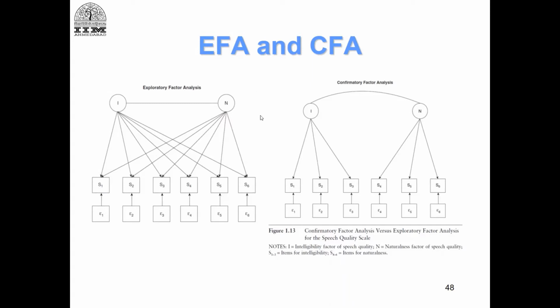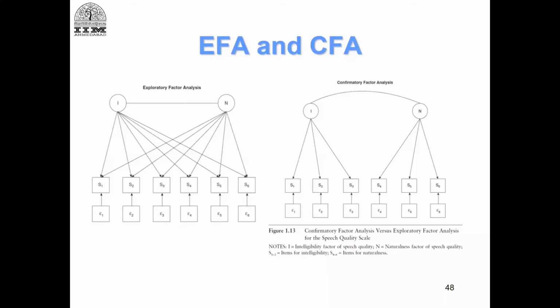In all those cases, you first do exploratory factor analysis. Even though you already qualitatively know that I have written S1, S2, S3 for I and S4, S5, S6 for N, you still need to check the factor structure and empirically show that the items are actually loading as I had theorized.